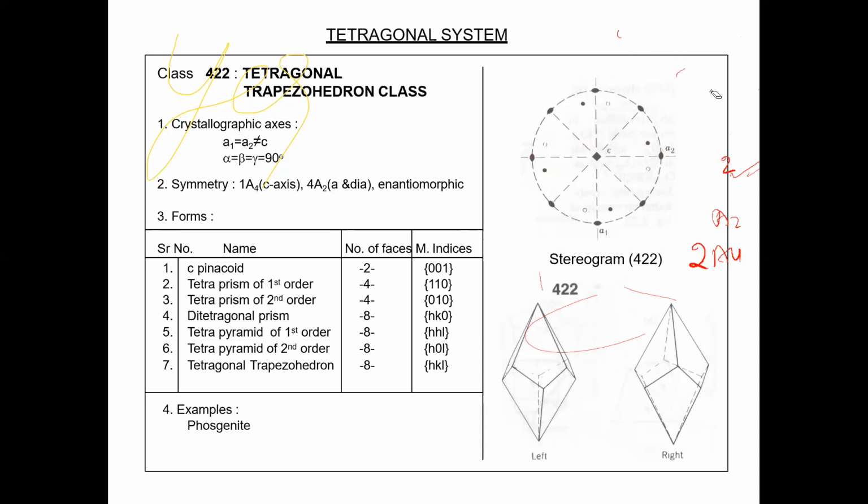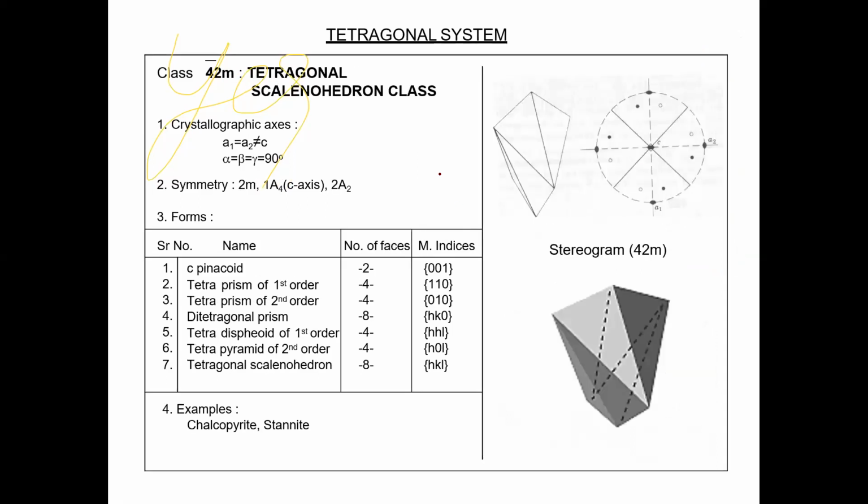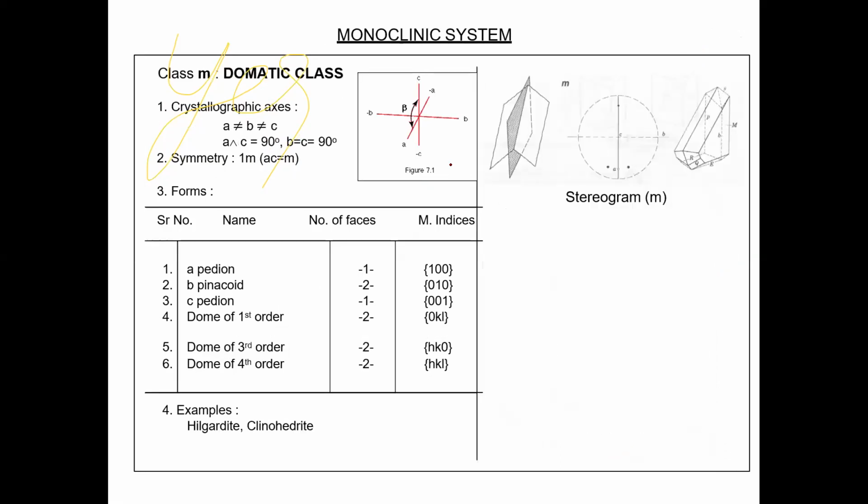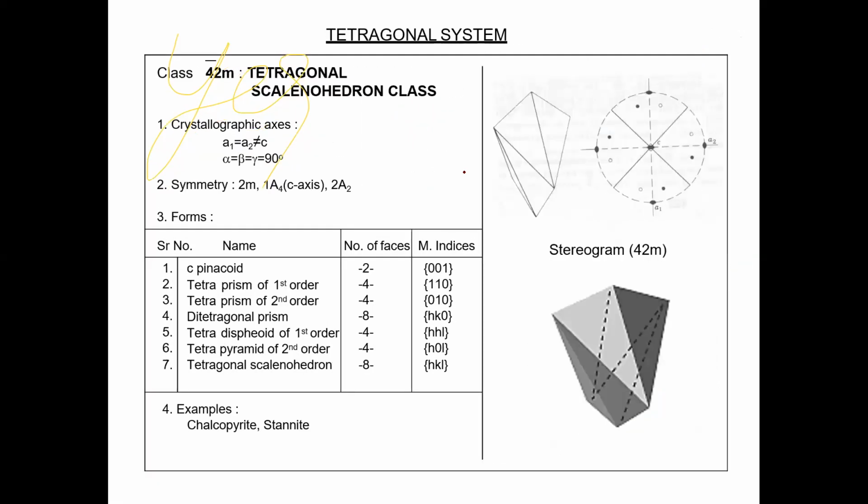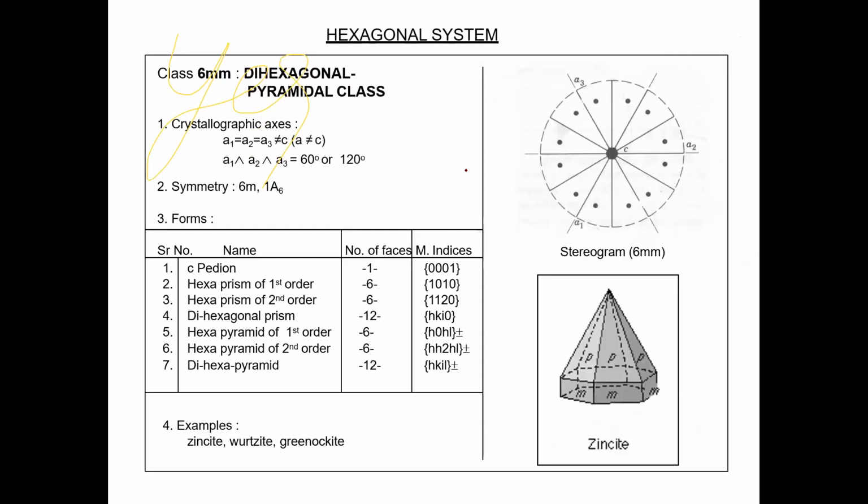So now let's move to the next diagram, because there could be any diagram. Yes, here is the diagram. Symmetry at C-axis.